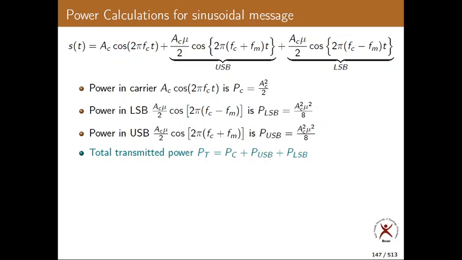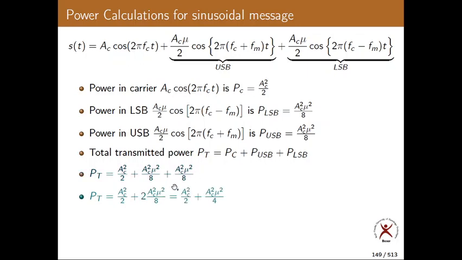PC stands for power in carrier, pure carrier. PUSB stands for power in upper sideband. PLSB stands for power in lower sideband. That is what you are transmitting in total. So PT equals what is PC? AC square by 2 plus AC square mu square by 8 plus AC square mu square by 8.